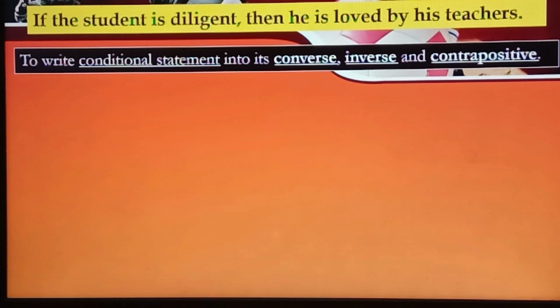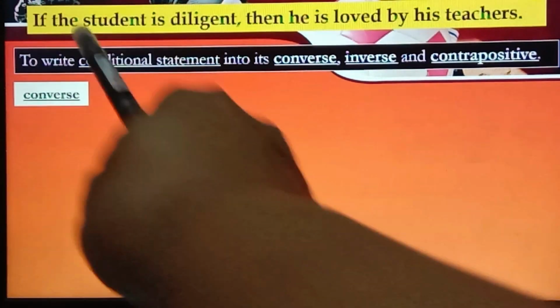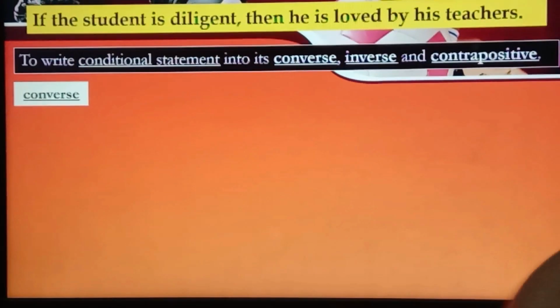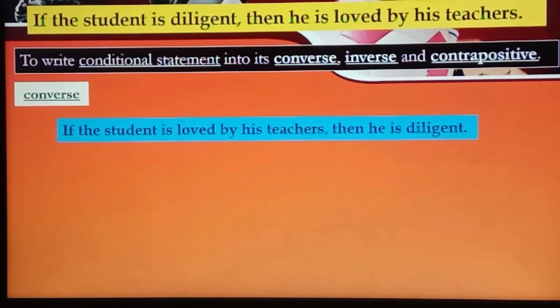Now let us try to write this conditional statement into its converse. The student is diligent, that would be our P. He is loved by his teacher, that would be our Q. So for its converse, it will be: if the student is loved by his teacher, then he is diligent.